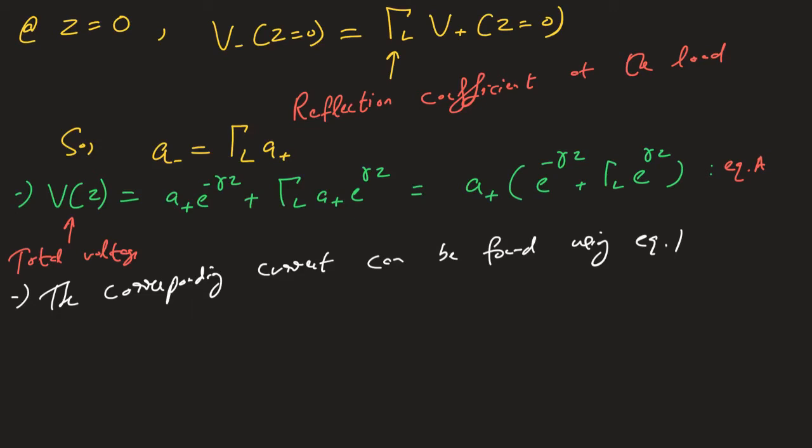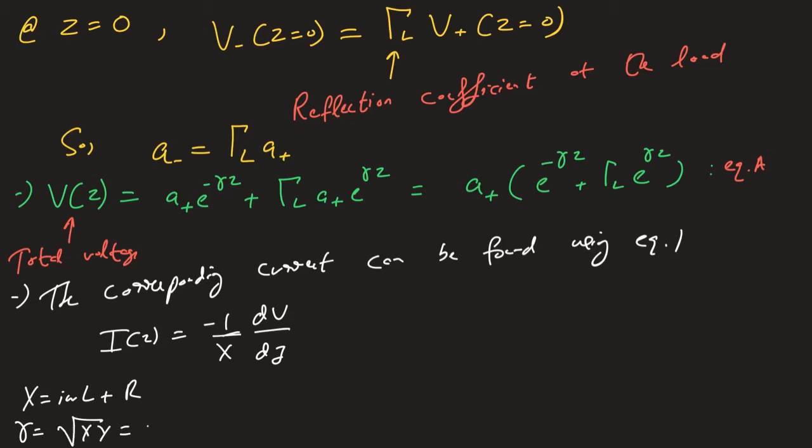So we'll find the current using our telegrapher equation, which is just that I of z is equal to minus 1 over x dv by dz, where x is equal to iota omega L plus r, and gamma is equal to square root of xy, which is equal to the square root of iota omega L plus r times iota omega c plus g. So I becomes equal to minus 1 over x partial dv by dz.